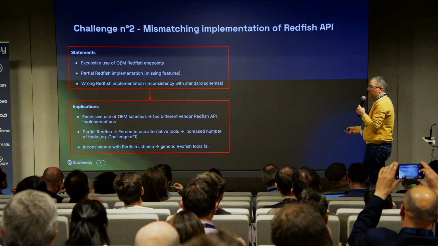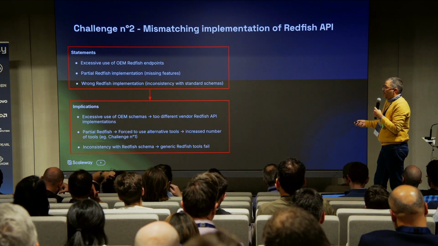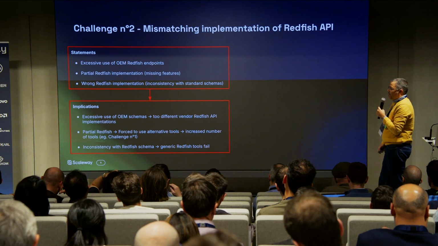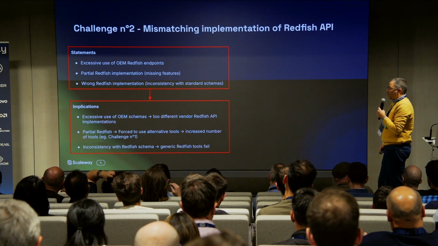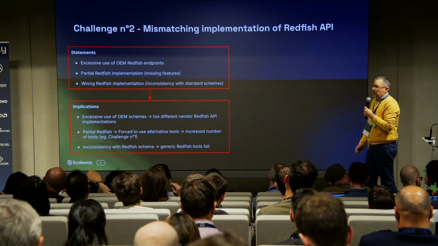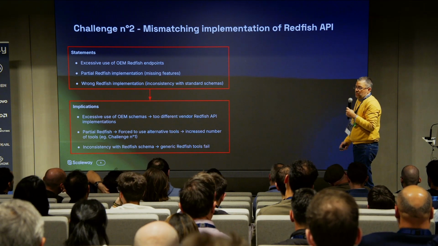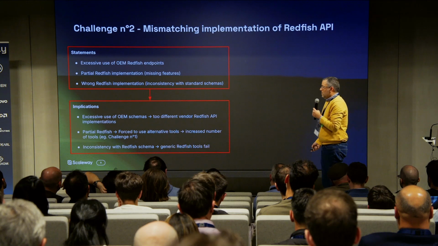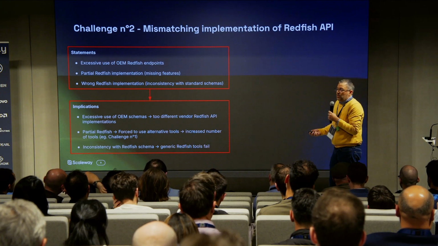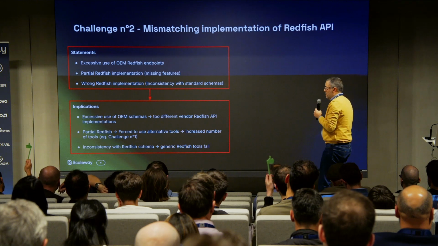The consequence is that when there are too many OEM schemas to be handled, at the end, we will have many Redfish APIs to interact with. So it doesn't reduce the complexity. It's quite the same complexity.